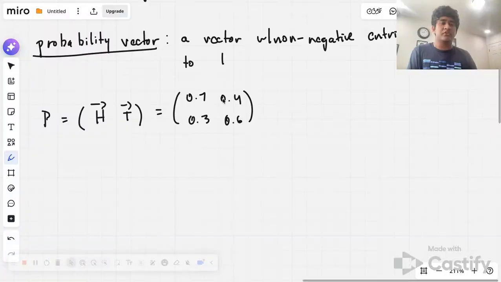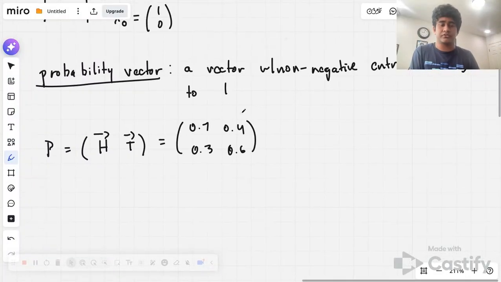A stochastic matrix is a square matrix where the columns are actually probability vectors. As we can see here, these are probability vectors because if we add these up, we get 1. We add these up, we get 1. More formally, this is called a column stochastic matrix, but we'll just call this a stochastic matrix for now.